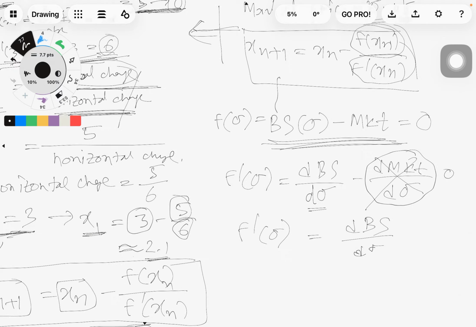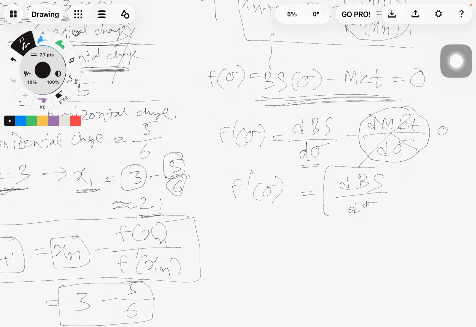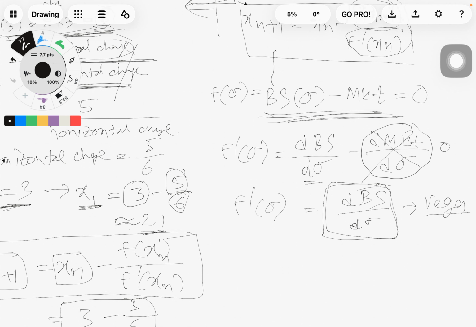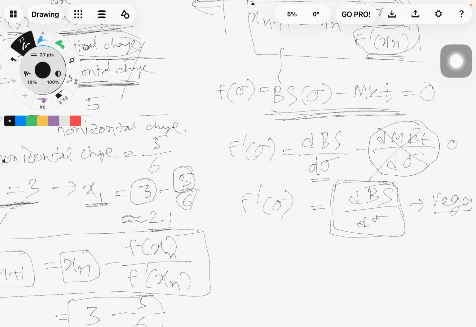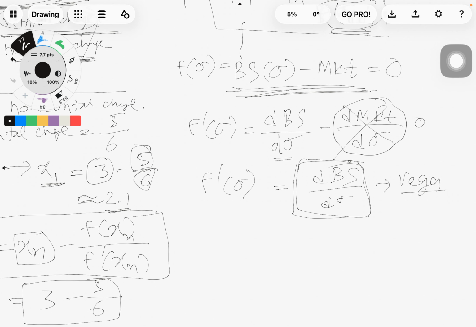Now if you take a look, what is this? You have your option price that changes with volatility. This is called vega. So in the denominator here you have vega. How would the numerical approximation method look for this case?